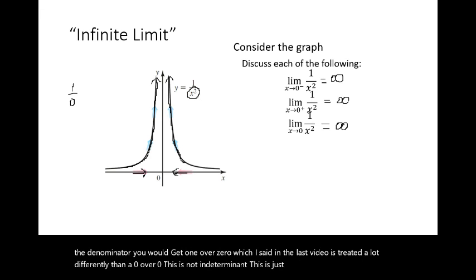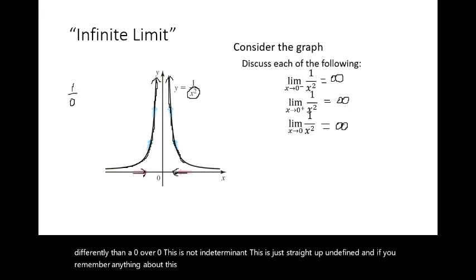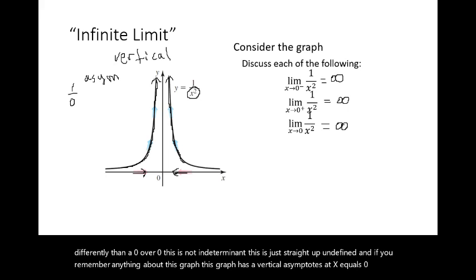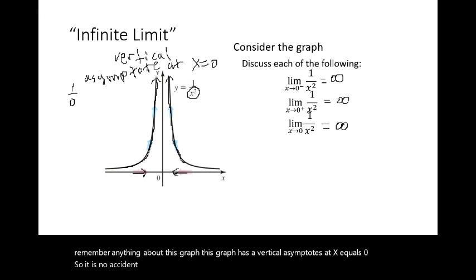And if you remember, this graph has a vertical asymptote at x equals 0. So it is no accident that it has a vertical asymptote at x equals 0, and the limits as x approaches 0 on either side came out to some sort of infinity.